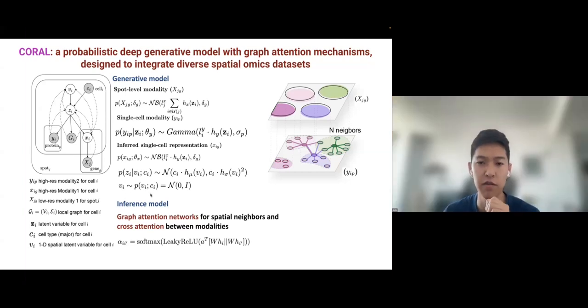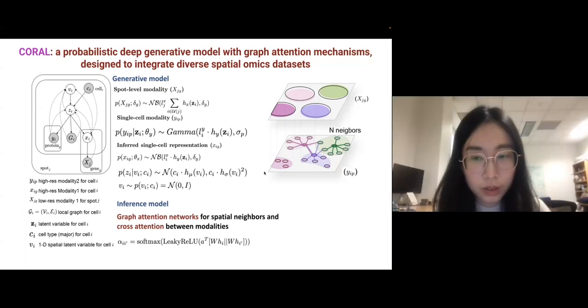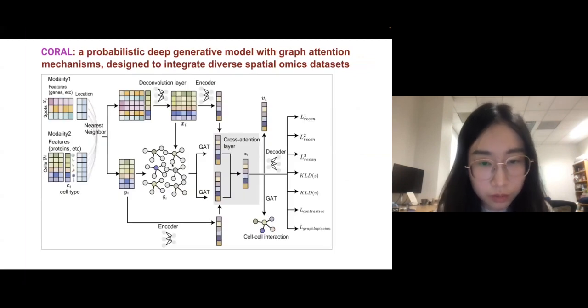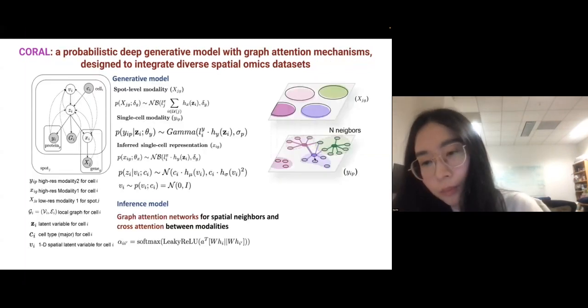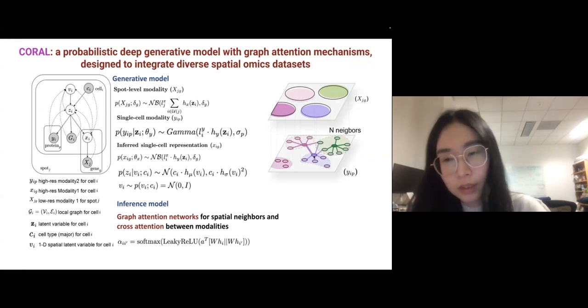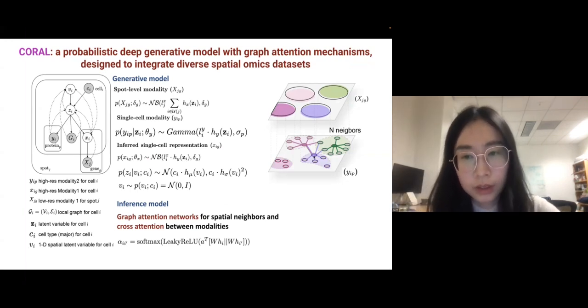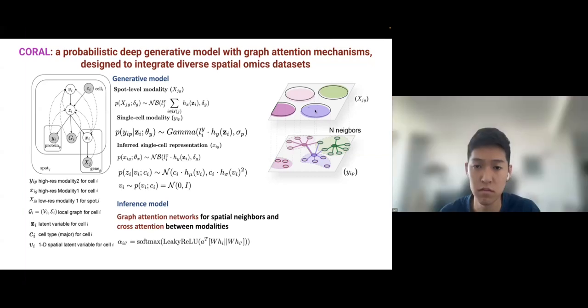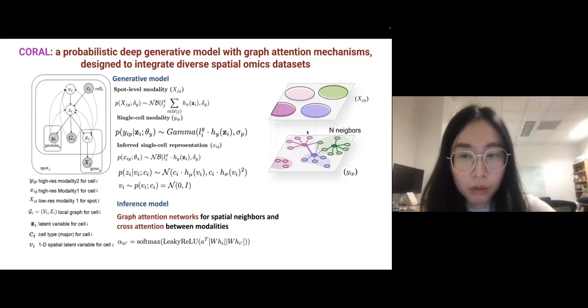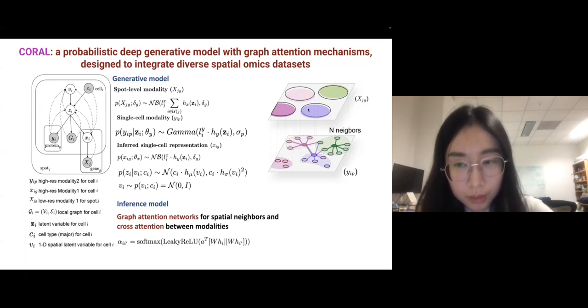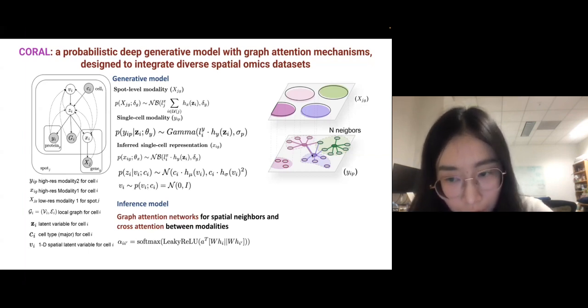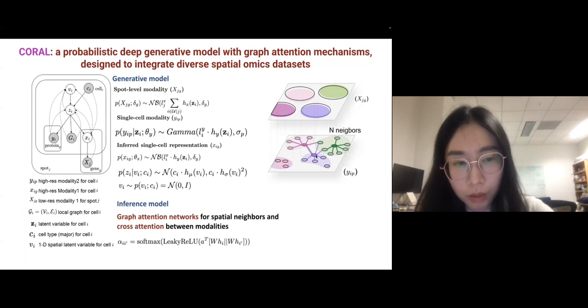So what are the nodes exactly in the graph? Is the node at the cell level or at the spot level? Individual nodes are cells, because the whole model is actually focusing on the cells instead of spots. But for the spots, we assume in parallel that there are some cells as well. So for each individual cell i, we have a graph G_i, and for i we have their protein, for example, modality 1, and we have modality 2.